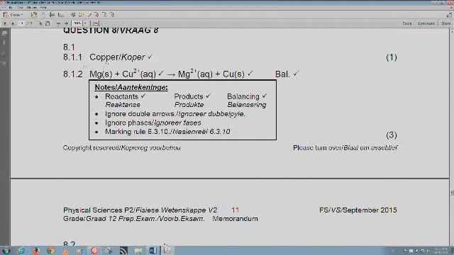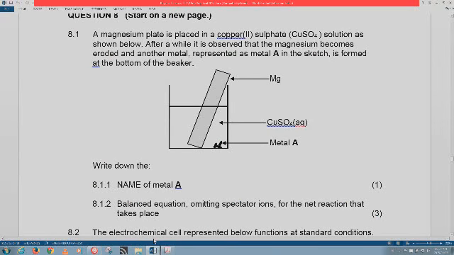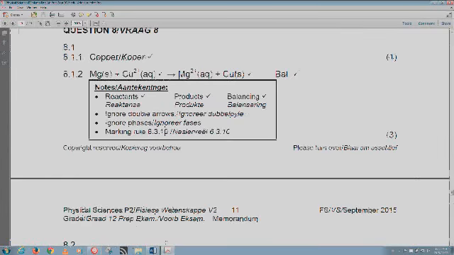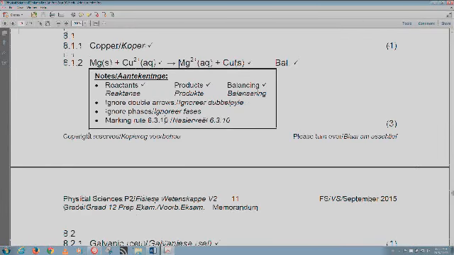And then 8.1.2, write down the balanced equation, omitting spectator ions, for the net reaction that takes place. So the net reaction is Mg plus Cu2+ for the reactants, and for the products it is Mg2+ plus Cu, and then for balancing it is 1 mark.